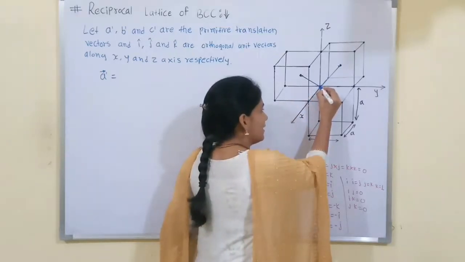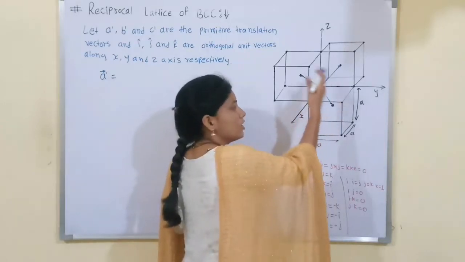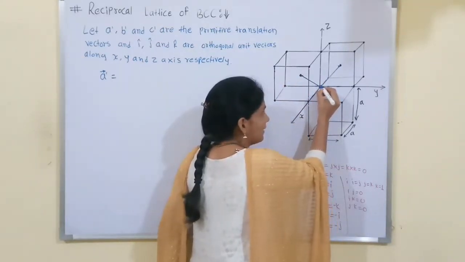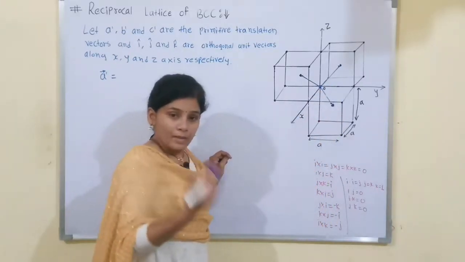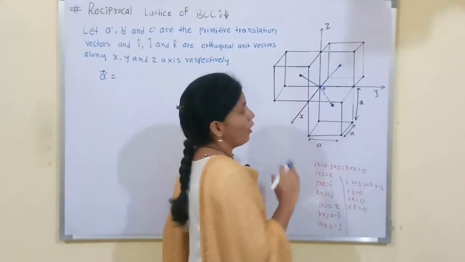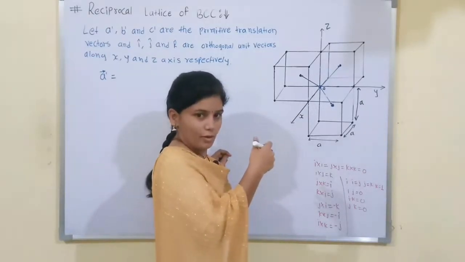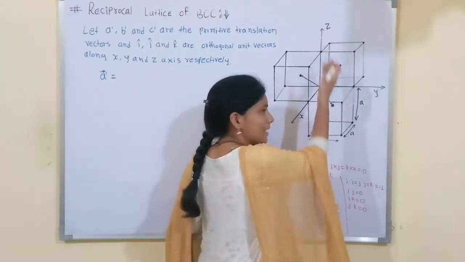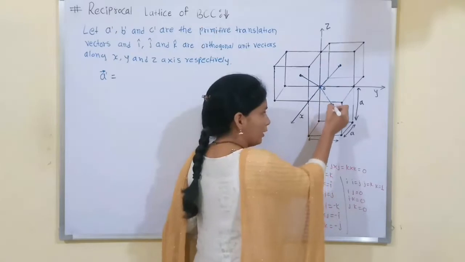If we consider this origin lattice point, the origin of three adjacent unit cells, and we want to translate this object towards this body diagonal lattice point, we will operate three types of translation along three axes. We will go along x-axis, y-axis and z-axis to reach this point, from this point to this point.